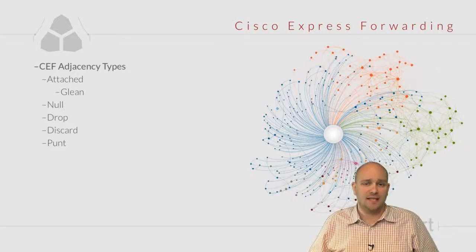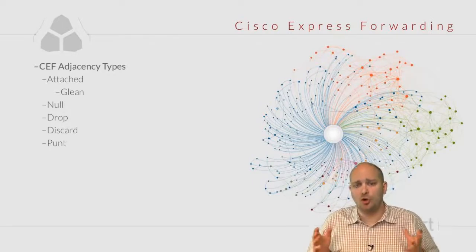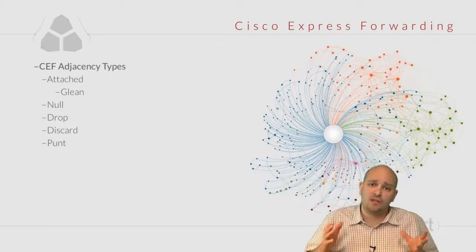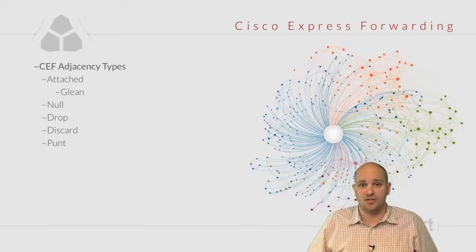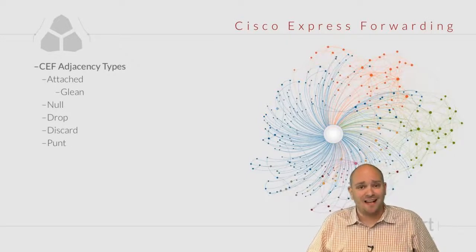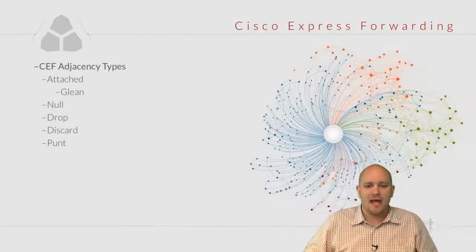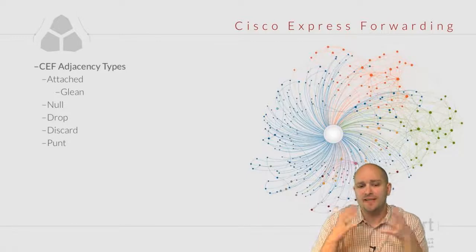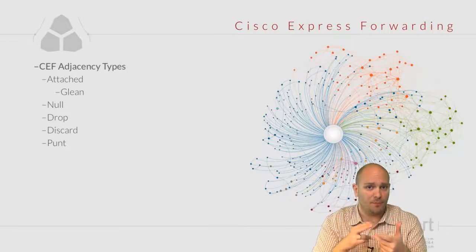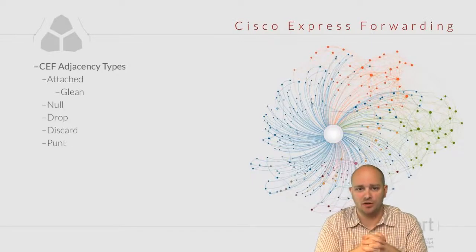The drop adjacency is an adjacency that drops the packets, just like the word says, but they are not caused by the traffic that is destined towards the null adjacency. Semantics, you might say. Discard adjacency, on the other hand, is a little bit more complicated. Why more complicated, you'd say? Well, you see, we have three types of adjacencies, null, drop, and discard, that have the purpose of simply not forwarding the traffic.